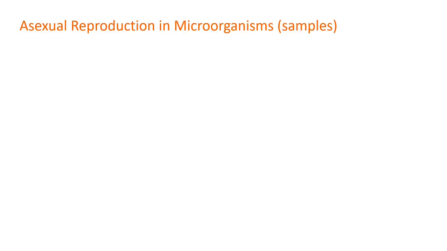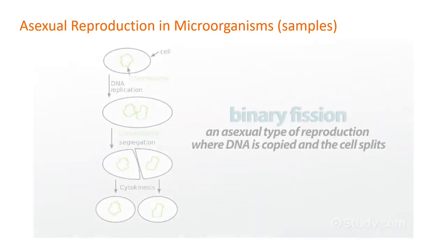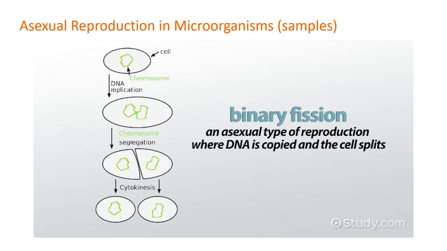Now, since we now know about the comparison between sexual and asexual reproduction, let's now apply this in the different groups of living organisms. Let's start off first by discussing asexual reproduction in microorganisms. When we talk about bacteria, they will undergo binary fission.